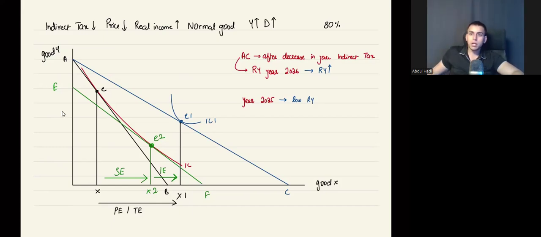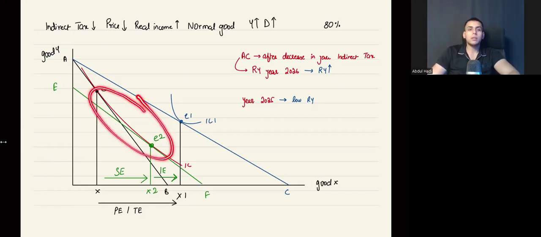Sir, can you explain how to identify substitution effect and income effect? Very good. Let me tell you again. Do you see these two equilibriums? I'm getting these two equilibriums on the same indifference curve.